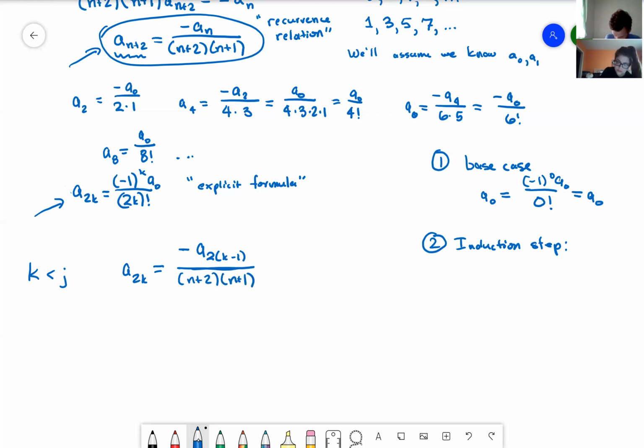And what is this equal to? Well, because we're assuming that we knew it for smaller values of k, and this is now in terms of a smaller value of k, then we can now use the explicit formula. We're assuming for smaller values it's true.